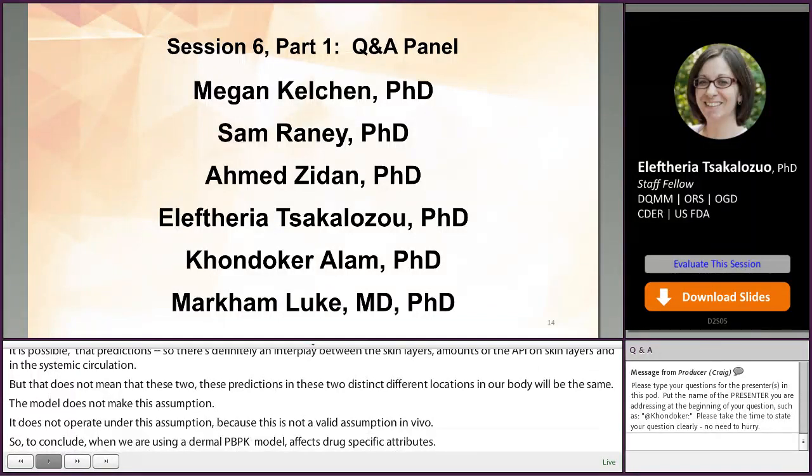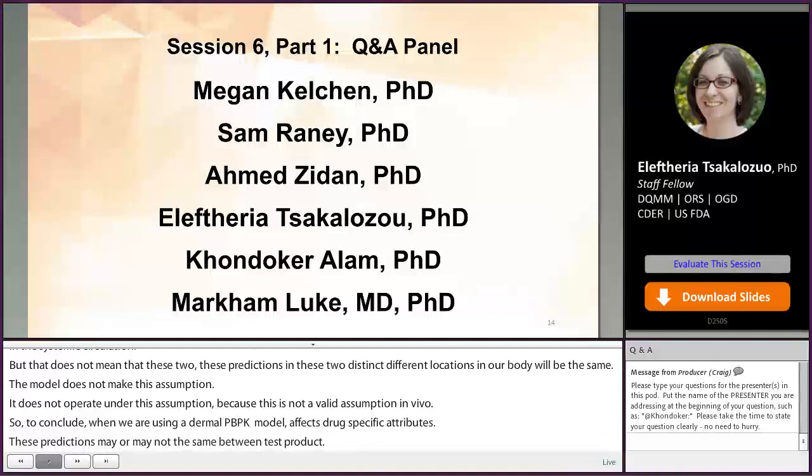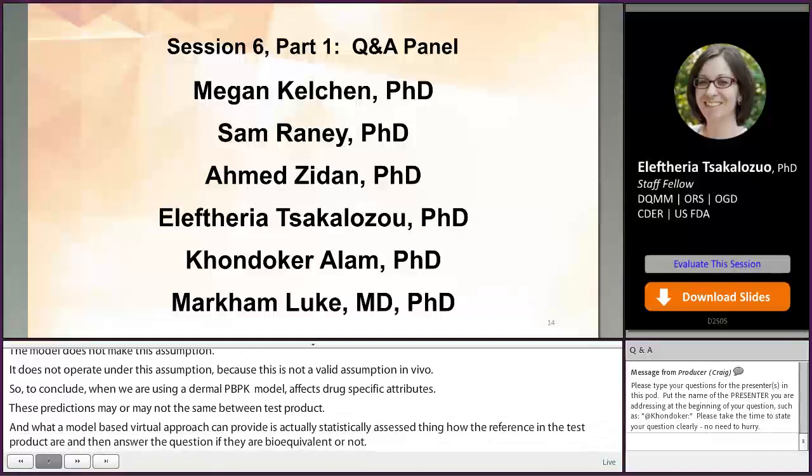And what a model-based virtual bioequivalence approach can provide is to statistically assess how different the reference and the test product are, and evidently answer the question if they're bioequivalent or not. And this is extremely important when, for instance, we cannot recruit a high enough number of subjects that will allow a bioequivalence assessment by sampling the synovial fluid, for instance.